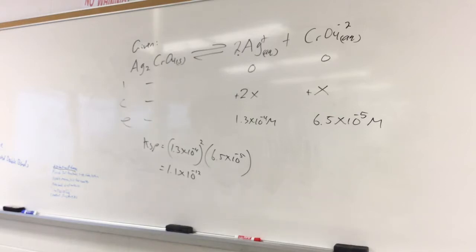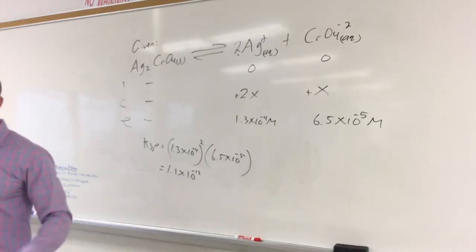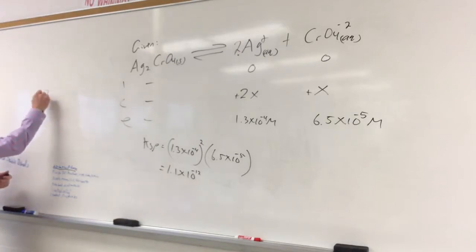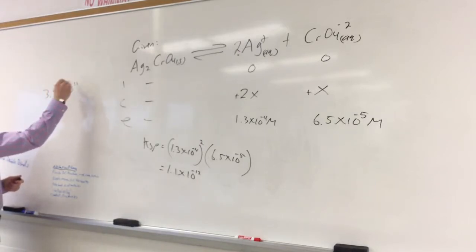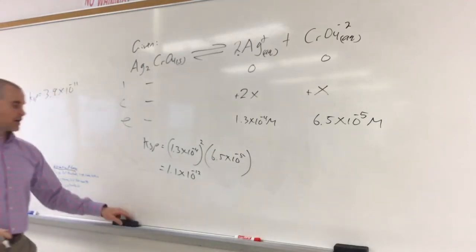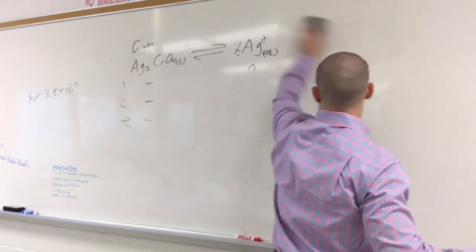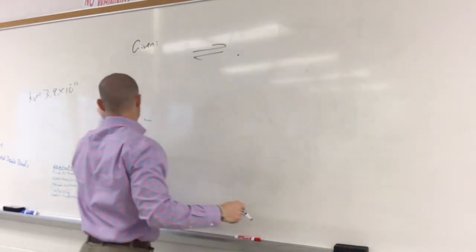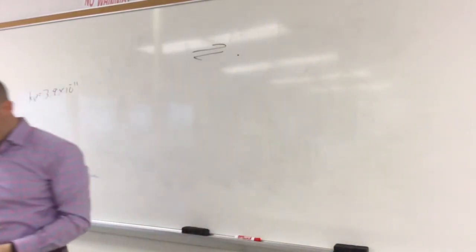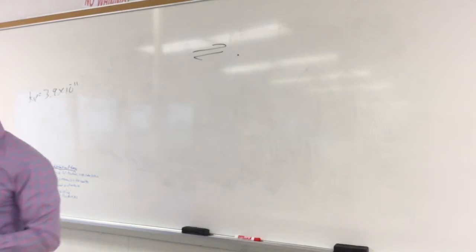Questions? All right, I'm going to squeeze one more in here. The KSP of CaF2, calcium fluoride, is 3.9 times 10 to the negative 11. Here's the question: calculate the solubility of calcium fluoride in grams per liter.